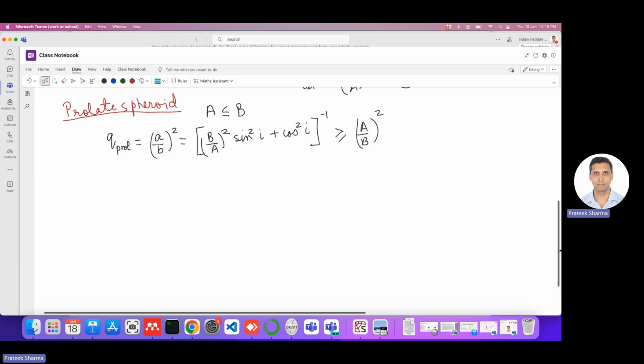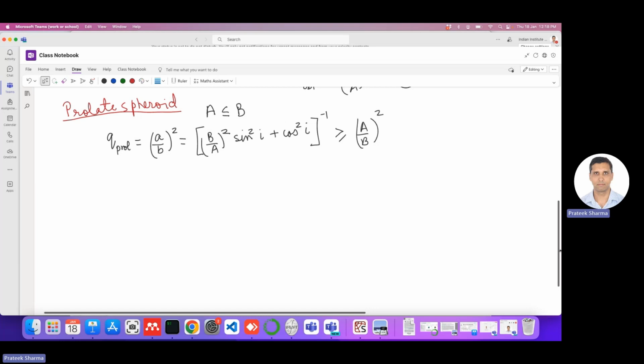So from a small a by b, is it possible to estimate? You are saying we want to know the actual a by b. For a single case, it's not possible. But if you assume that the line of sight angle and the orientation of these principal axes are random, you look at the distributions, then you can actually figure it out. So that's where we are going. Good question.